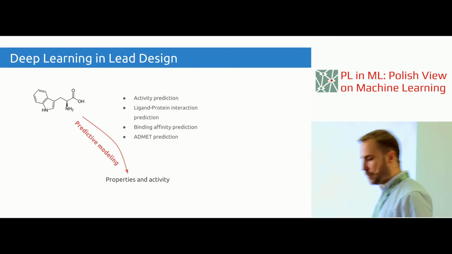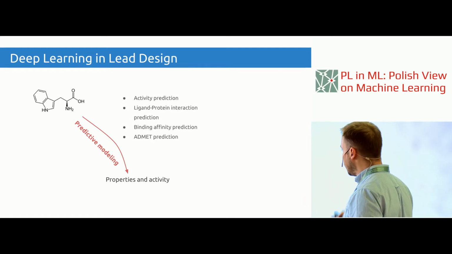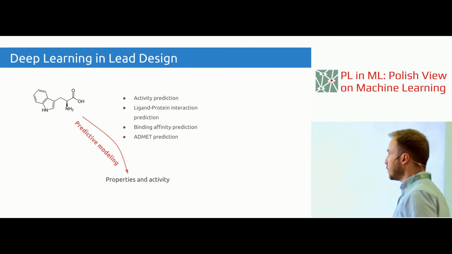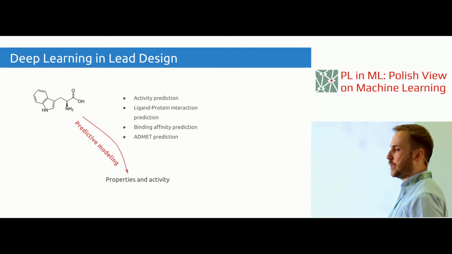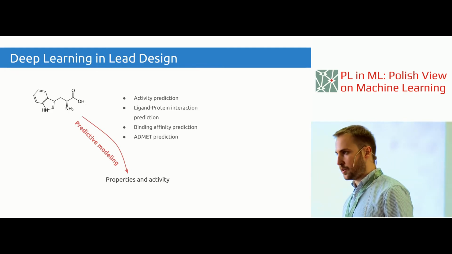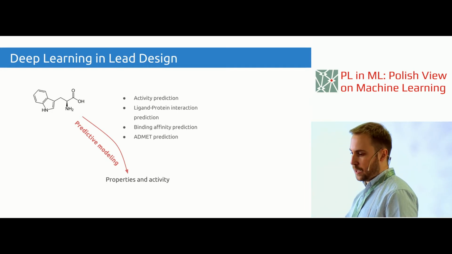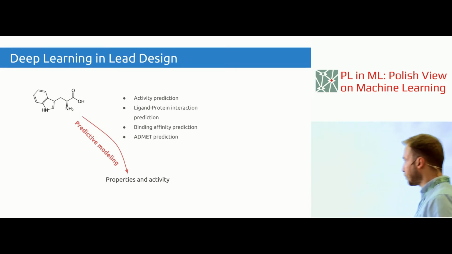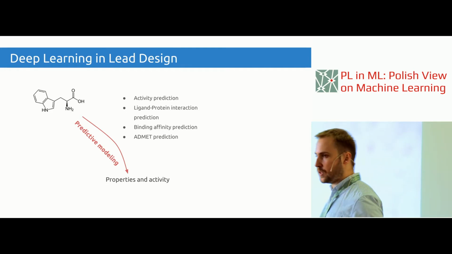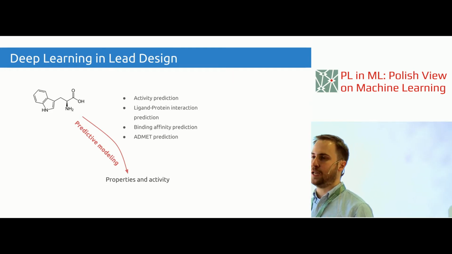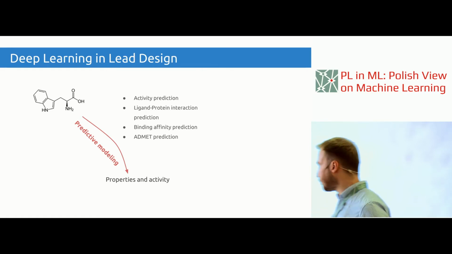And there are several applications. Just to show you some examples, we can predict activity. This is just a classification of whether a specific molecule is active against a specific target or not. We can predict ligand-protein interaction. This is more or less the same, but as the input, we take the molecule and the target simultaneously.